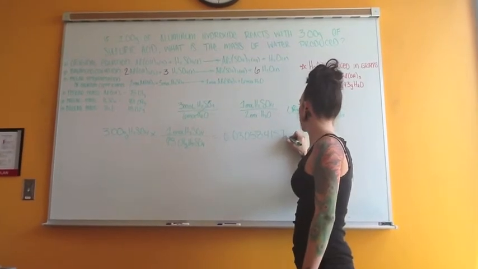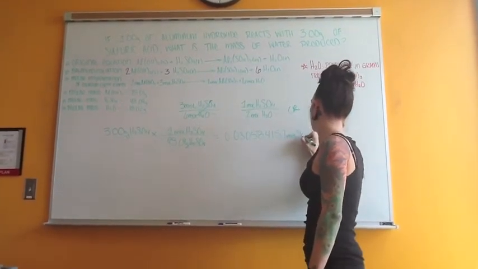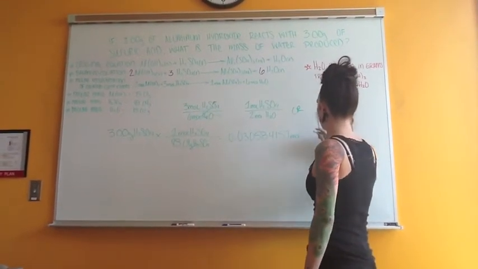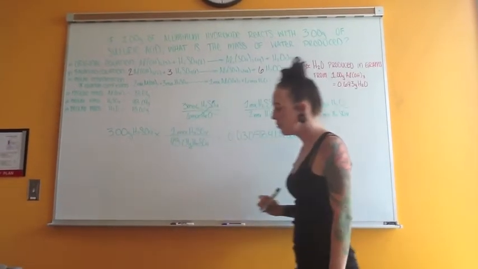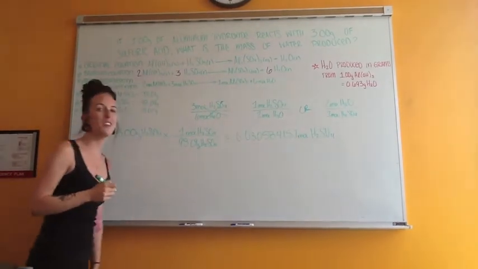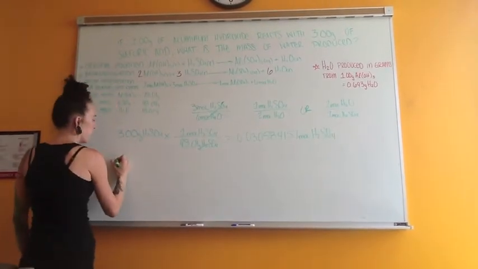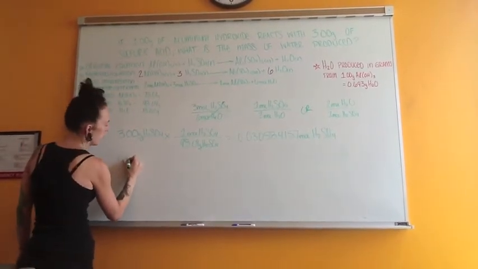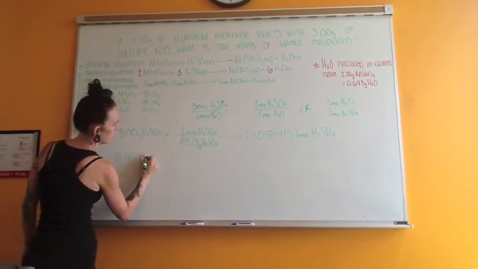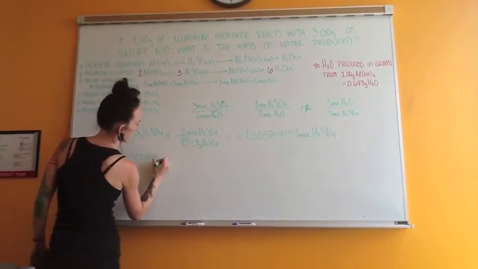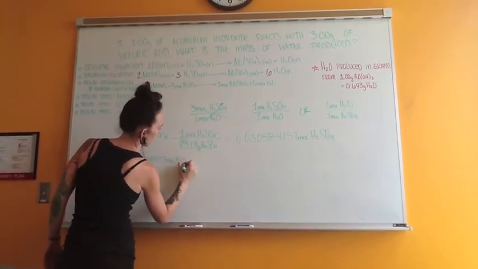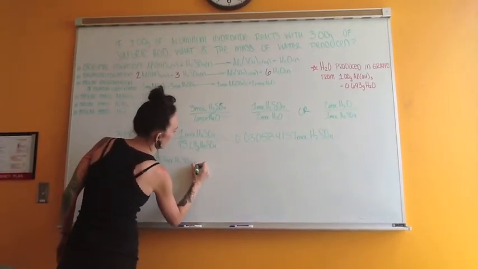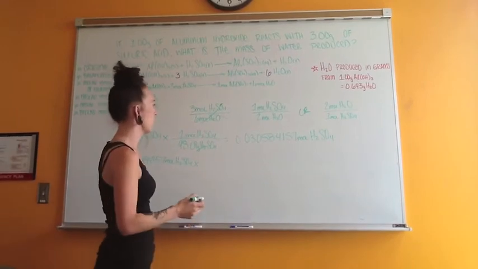And that is going to give us our moles of H2SO4. Now from our moles of H2SO4 we want to get to moles of water. So we will start a new line and use our unit factor that we found earlier.